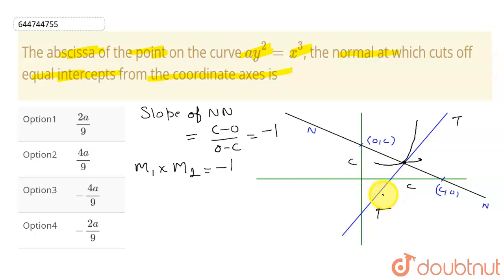Slope of the tangent m1 is 1, m2 is minus 1. By this condition we can now find this point.